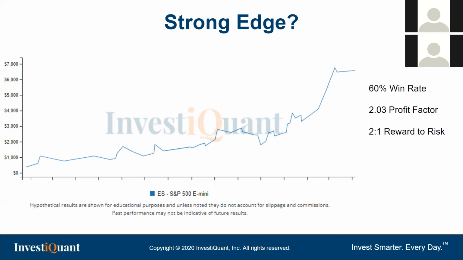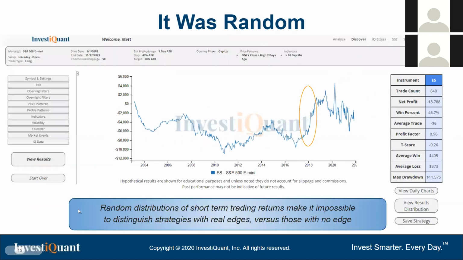And it stands to make about twice as much as at risk on any trade. Equity curve there, going from lower left to upper right, looks pretty good on the outside. Without seeing anything else here, this looks pretty strong. But if I go to the next slide, I'm going to show you how you can be fooled by randomness.